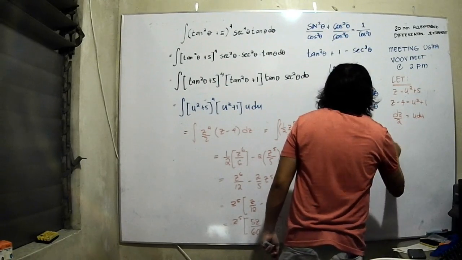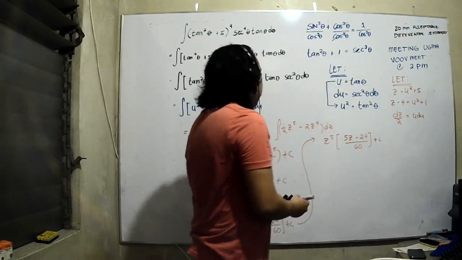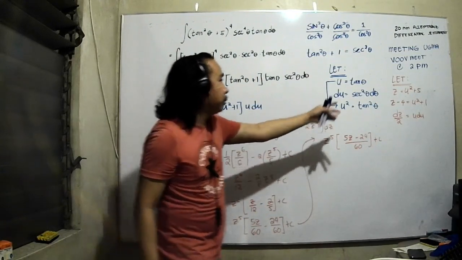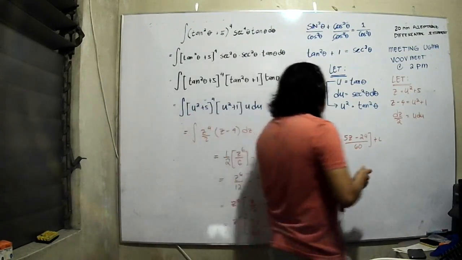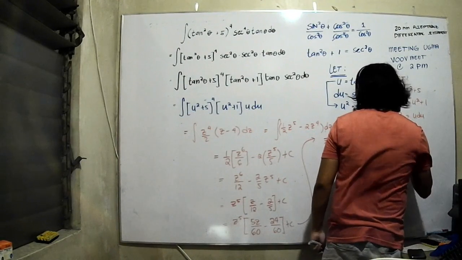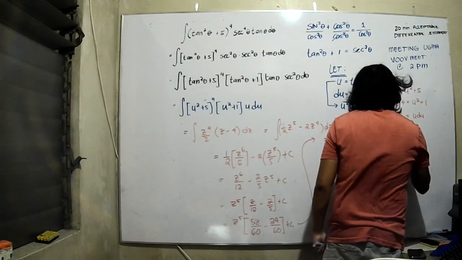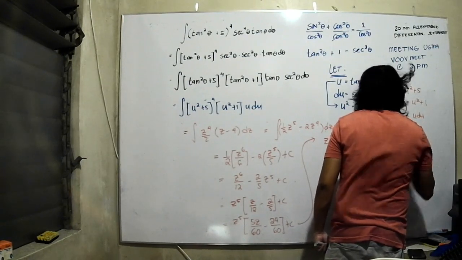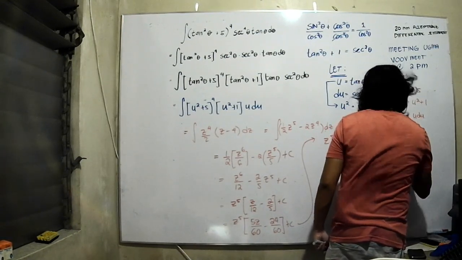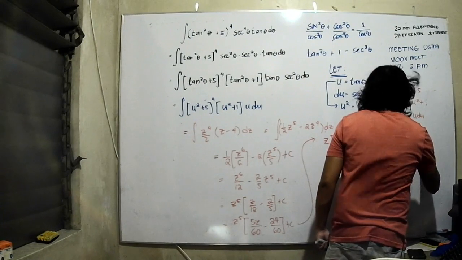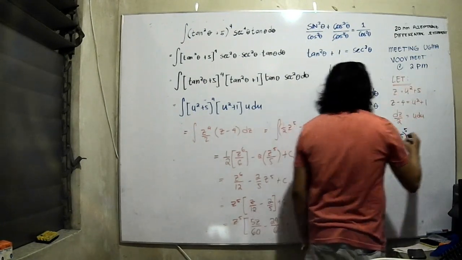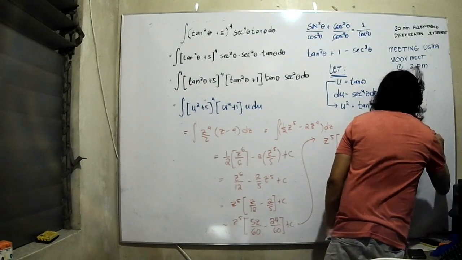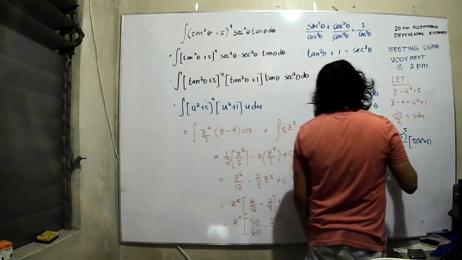But we all know that z is equal to u squared plus 5. So, (u squared plus 5) raised to the power of 5 divided by 60 multiplied by 5 times z, where z is equal to u squared plus 5, minus 24.